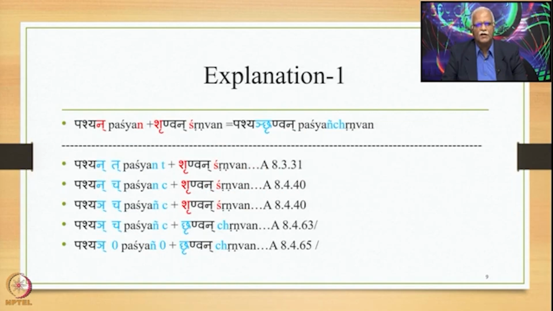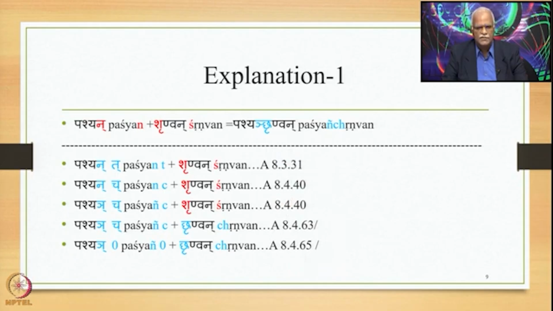Now let us take each case and try to explain how the sandhi has actually happened, quoting the relevant sutras. So first let us take Pashain Chrunvan. We know that this chru as an output is derived from the input of this kind, Pashyan plus Shrunvan, because we know that there is a sutra which applies over here, and these are the sutras, various sutras.